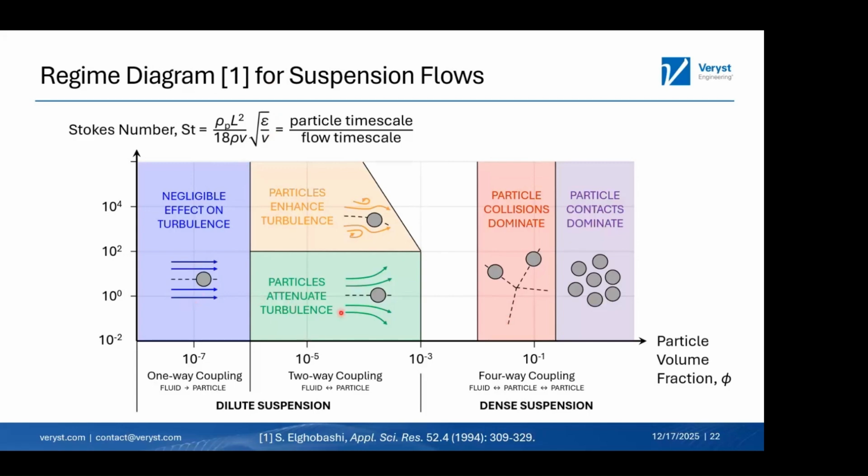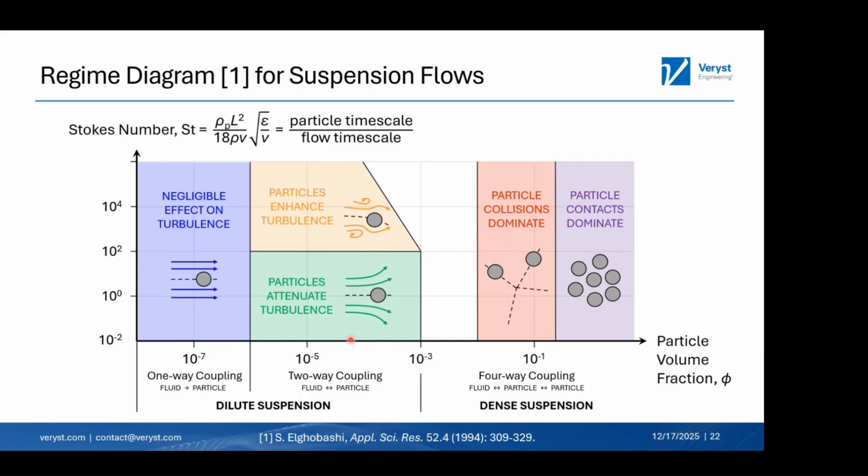Where you are in this parameter space of volume fraction and Stokes number dictates the degree of couplings, both between the fluid and the particle, as well as the particles amongst themselves, and also the choice of method. So on the left side, for small volume fractions, are the case of dilute suspensions, which is the subject of this section.